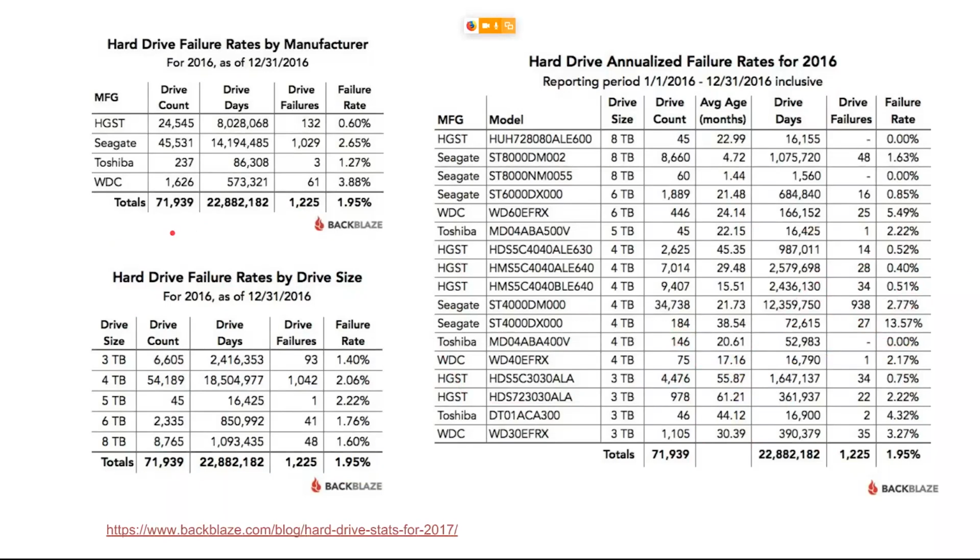I will say, having read a bunch of these reports, and from personal experience, if you're talking about consumer level models of hard drive, which I would put in the 1 terabyte to 4 terabyte range that is generally what people can look at from an affordable perspective these days, don't go with Seagate.